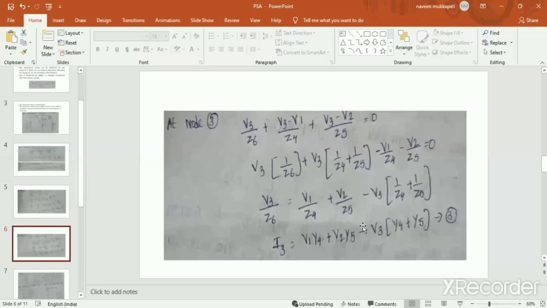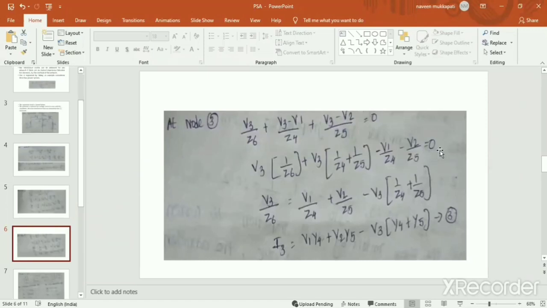Understand? Next, simplify this equation and then write down the I3 equation. First take the common V3 term, V1 term and V2 term: V3 into (1 by Z6 plus 1 by Z4 plus 1 by Z5) minus V1 by Z4 minus V2 by Z5 is equal to 0.